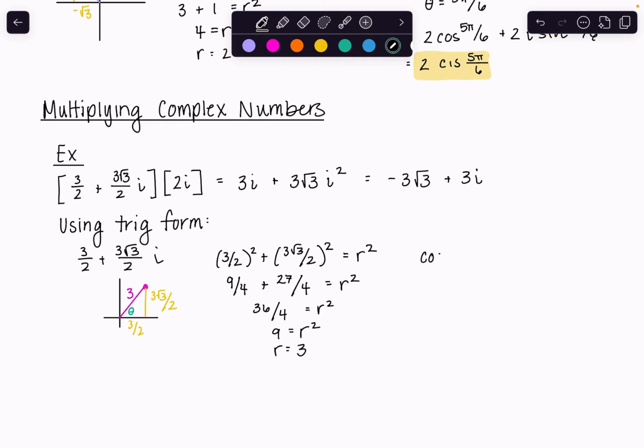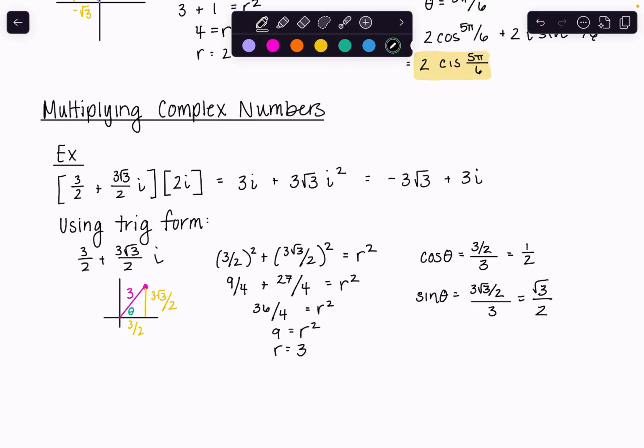You can also go ahead and pick off cosine of theta is adjacent over my hypotenuse. So that is going to be 1/2. And then sine of theta is the opposite side over the hypotenuse. So that leaves us with root 3 over 2.